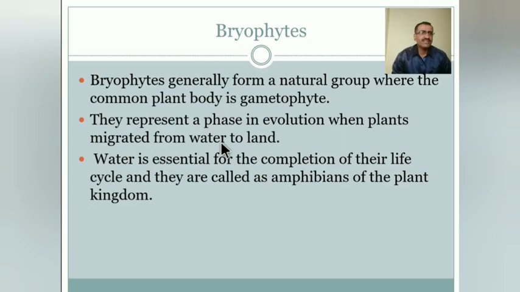Most of the bryophytic plants are land or terrestrial plants. As we know, we started from the algae. Algae are found in water, they are aquatic, and here the bryophytes are terrestrial plants. In this way, the evolution of the plant is from water to land.